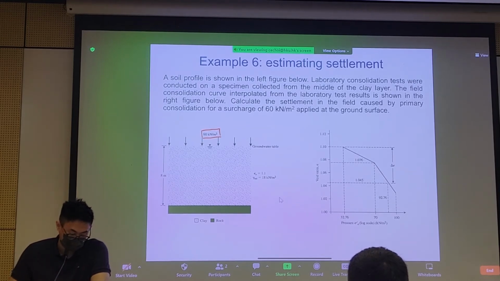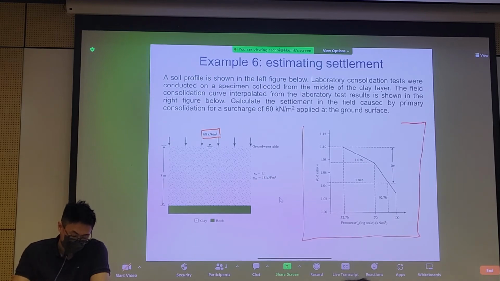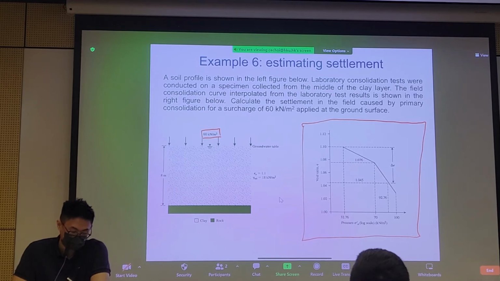And from laboratory test data, if we look at this graph here, you have your void ratio versus the logarithmic effective stress plot, and you have an obvious change in stiffness at the pre-consolidation pressure of 70 kPa. This plot is so linear that you can extrapolate any CS and CC values that you would need to solve the question.